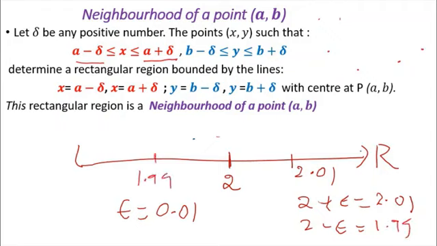So all those real numbers which lie between 1.99 and 2.01 come under the neighborhood of 2 with radius epsilon equal to 0.01.